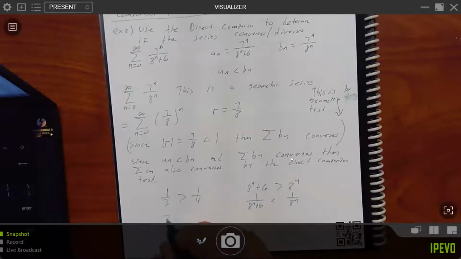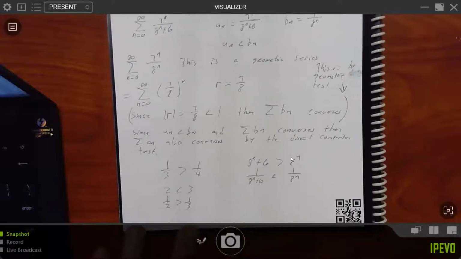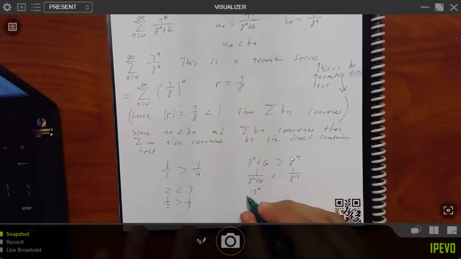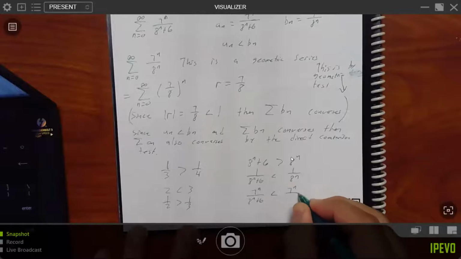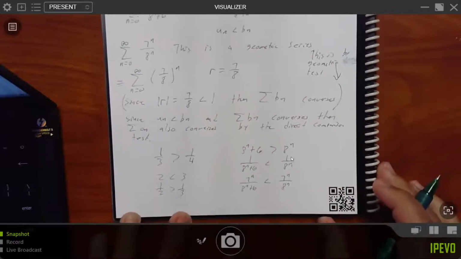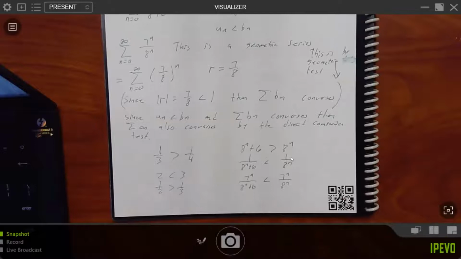Because if I say 2 is less than 3, the reciprocal reverses that. Now, if I multiply both sides by 7 to the n, nothing changes because I did the same thing to both of them. So it's still less than. So we can show step by step and prove why they're less than.